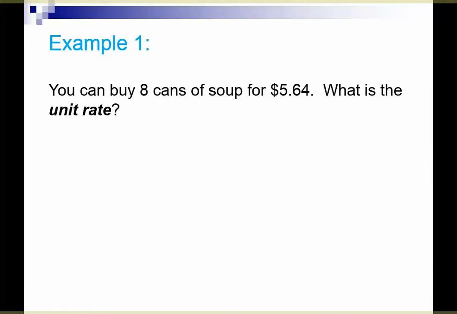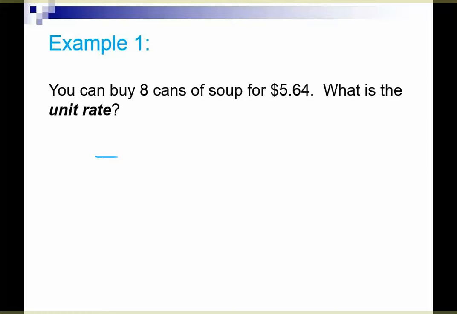Okay, well hopefully you came up with a proportion where you want dollars per cans. Cans should be on the bottom because what we're really after here is how much it's going to cost for one can.